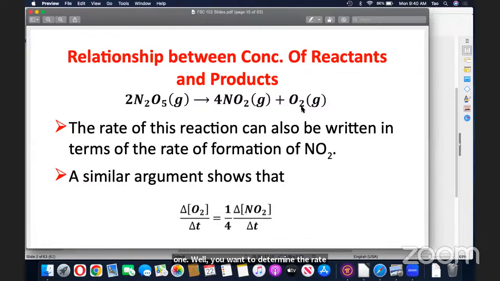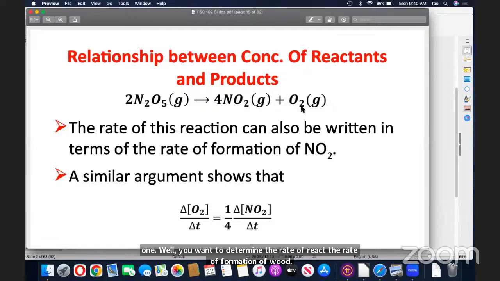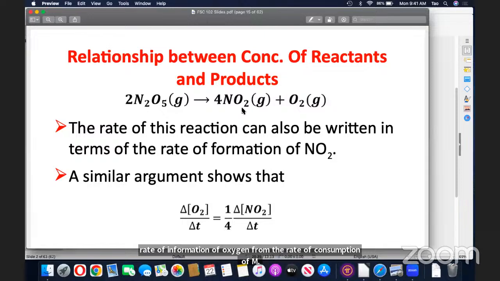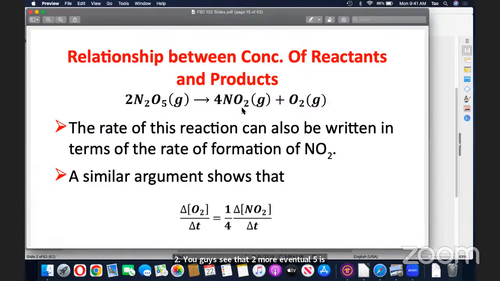You can use N2O5 or NO2, but you need to look at the mole ratio between oxygen and the one you're using. If you're using N2O5, you can see that 2 moles of N2O5 are consumed to produce 1 mole of oxygen.